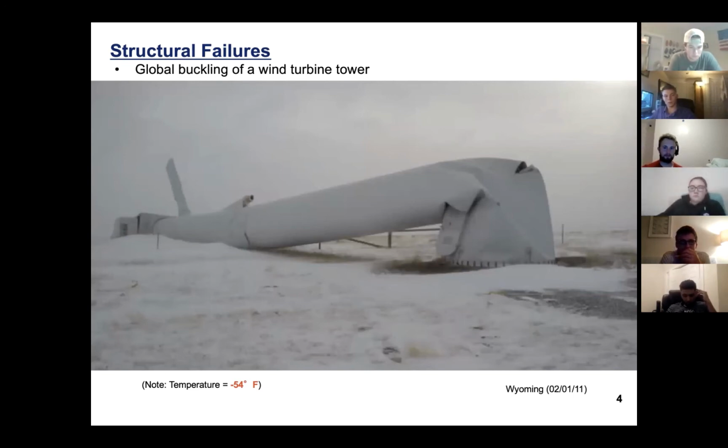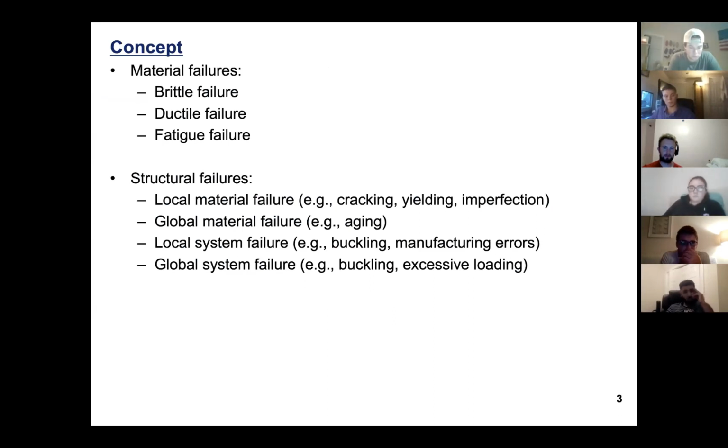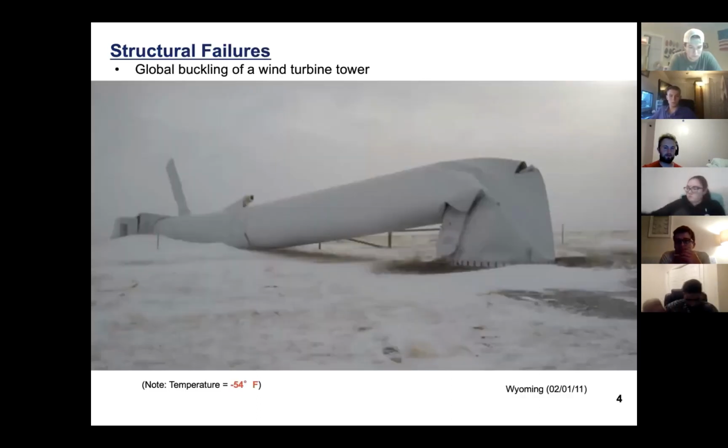However, you also remember the previous slide. To assess the potential of a structure against buckling is usually the combination of materials property as well as its own loading condition. In this particular case, what we know is that the temperature definitely is partially responsible for the buckling failure of this wind turbine tower.